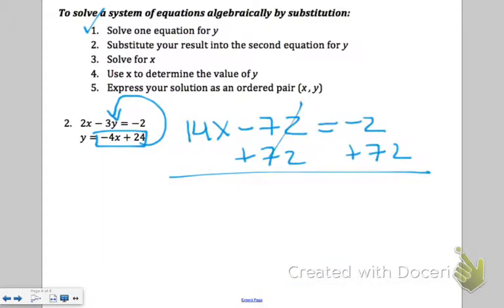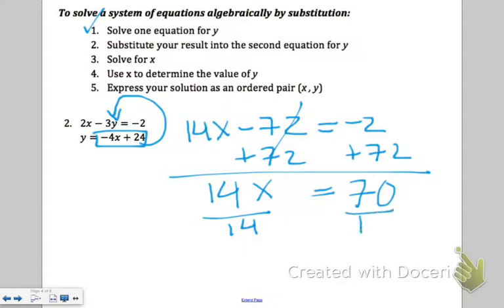So negative 72 plus 72 gives us 0. We have 14x on the left equals negative 2 plus 72, which gives us a positive 70. And finally, if 14 times x equals 70, the inverse of multiplication is division. If we divide by 14 on both sides, we find that x is equal to 14.